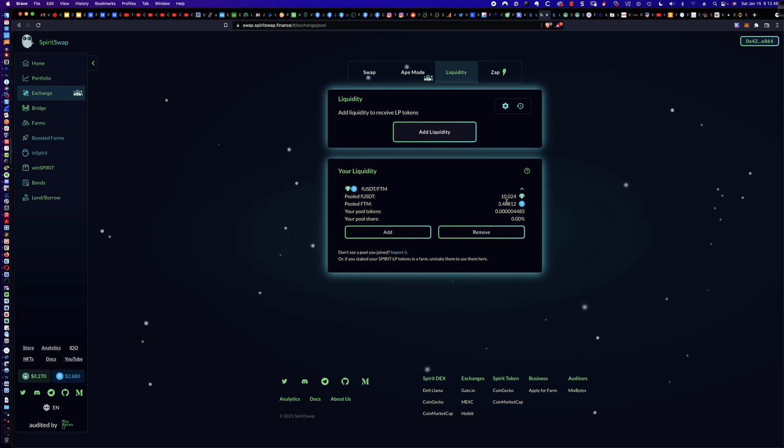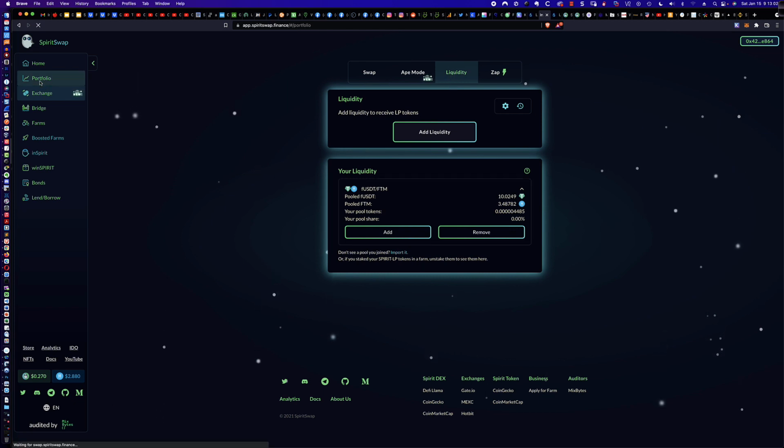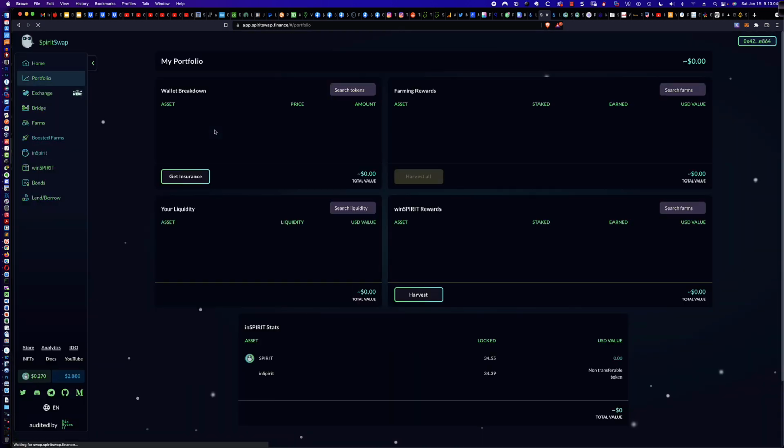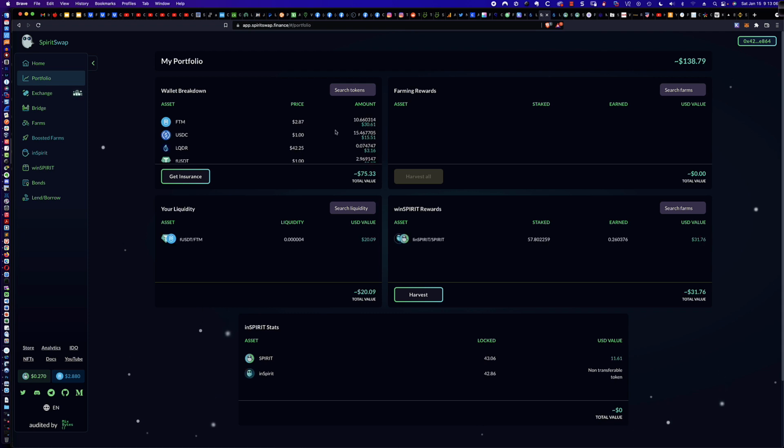So what do I want to do? Well, I want to remove the liquidity provider tokens. I no longer want them to be a pair. So think of it like you're splitting the pair now. And again, before I do this, let's look at our portfolio, because this is how I'm kind of validating with you that, hey, yes, this is doing what I'm telling you it's doing. So here on the portfolio, the FTM is 10.6.